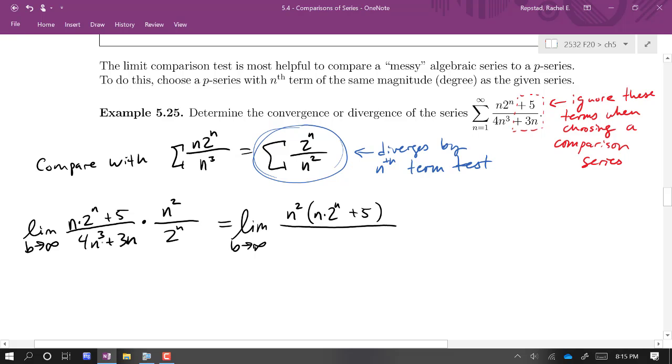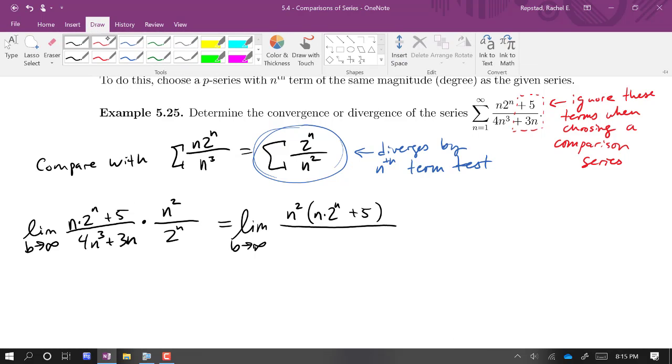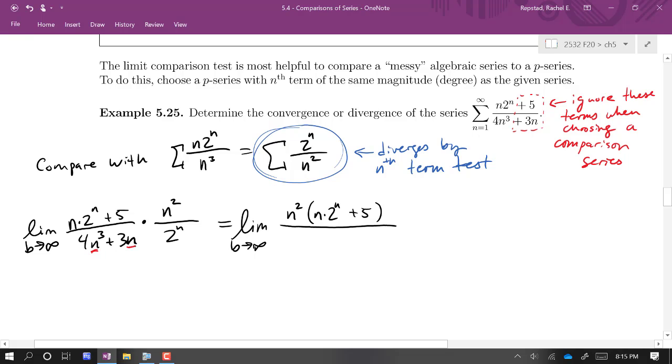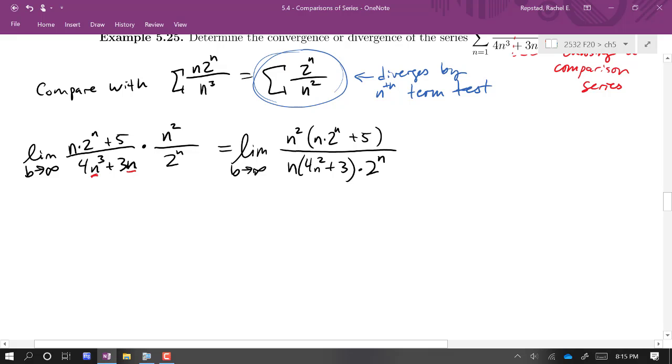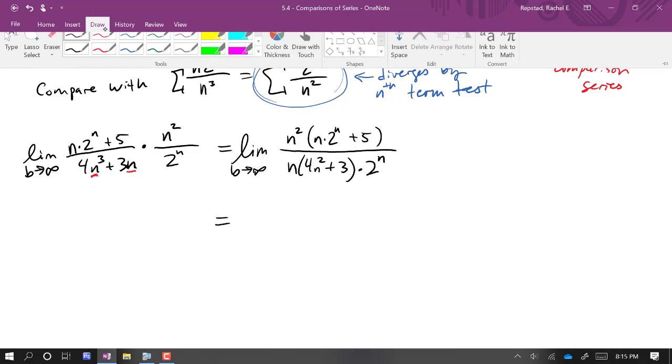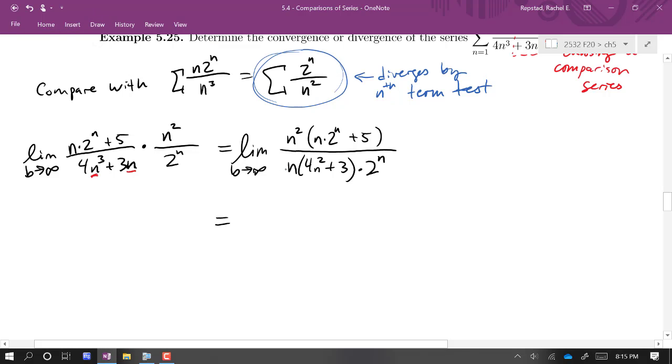On the bottom, now I could factor out an n, so I'm going to take out an n: 4n squared plus 3, and then I have a 2^n. So we can cancel that factor of n with one of these factors.